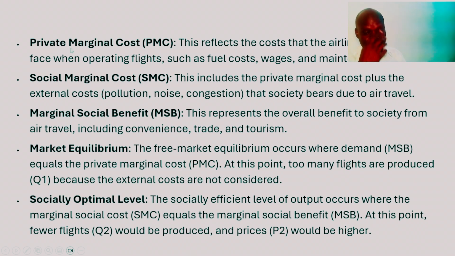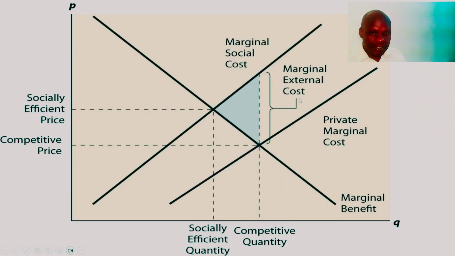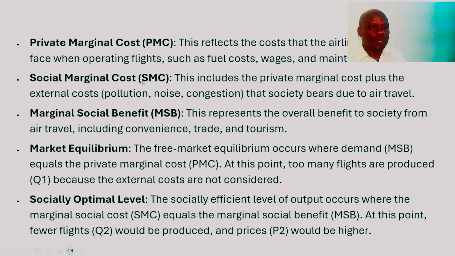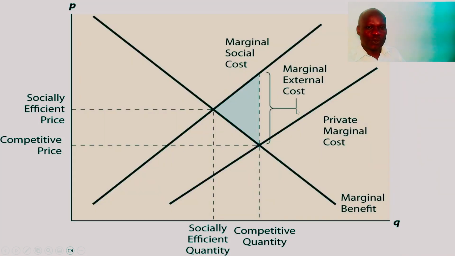And social marginal cost includes the private marginal cost plus the external costs. So it includes pollution, noise, and congestion that society bears due to air travel. Social marginal cost is represented by this particular curve.